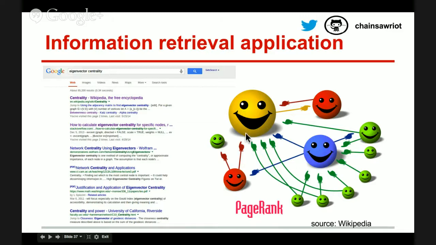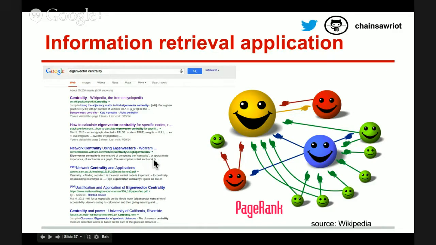The internet, or the World Wide Web, can be represented as a social network, right? And after you represent the World Wide Web as a social network, you can calculate the PageRank of each web page, and then you can use that PageRank to rank the web pages.